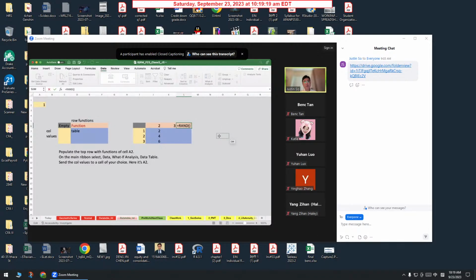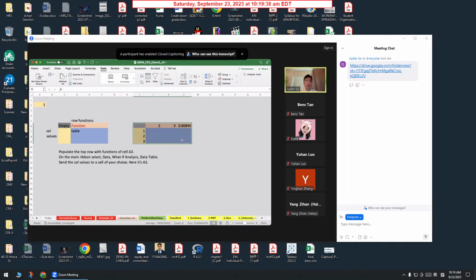If you put the random function here, that means we want to see random values here. It does not depend on this column value, but it will generate different random values here. That is useful for our simulation. That's the purpose I'm showing you this.